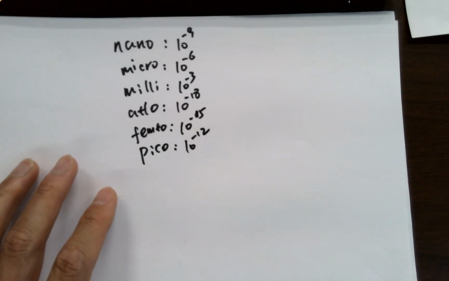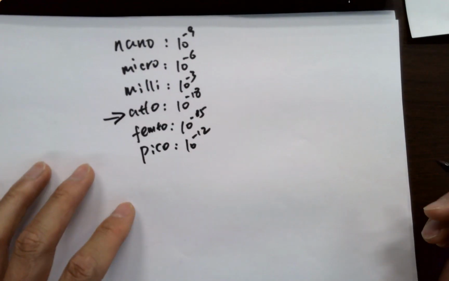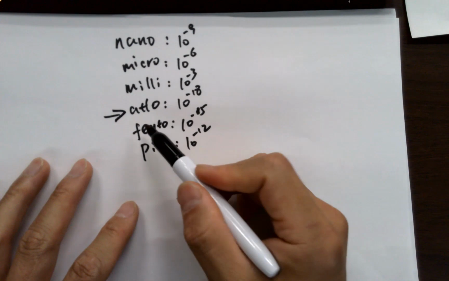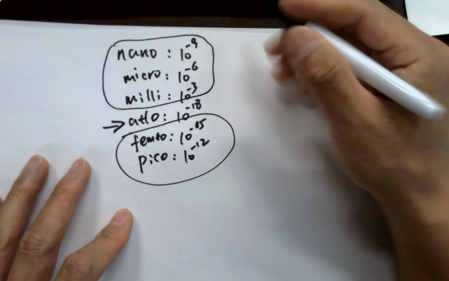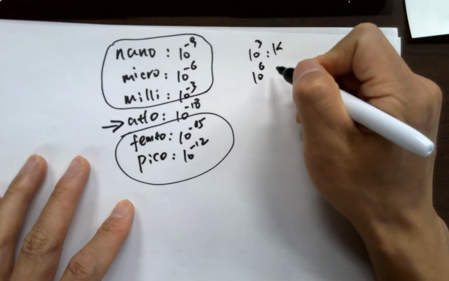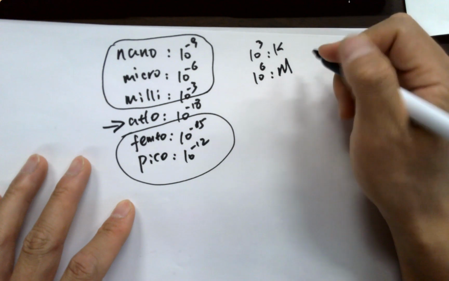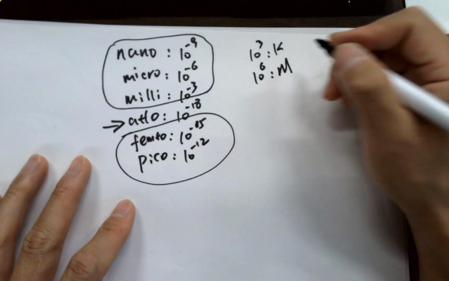Anything else? I think I have never seen any others, only once. So the most frequently used ones are these. Also, 10 to the third will be kilo. This is something you know. 10 to the sixth will be mega, depending on the context.